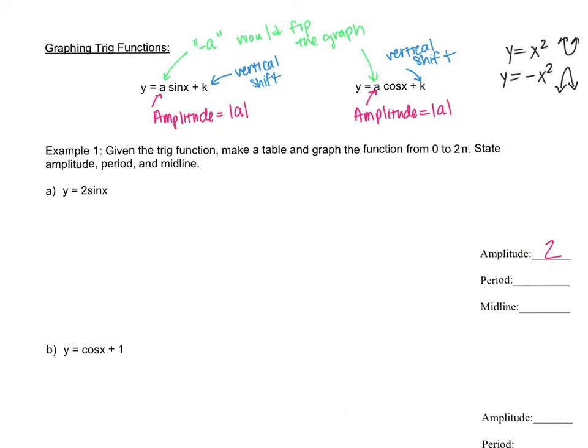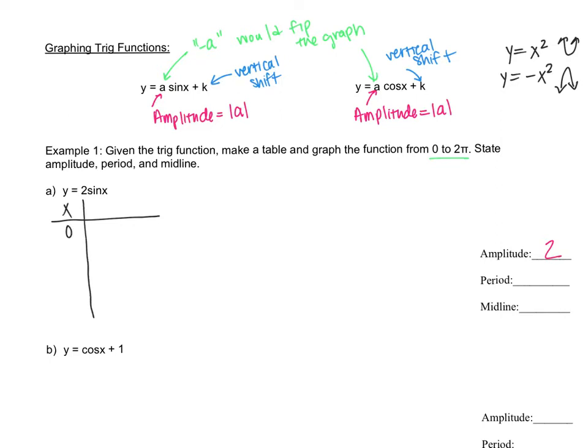because amplitude talks about the length. Now, the next thing I need to do is figure out what my graph looks like by making a table. And once you get really good at this, you might not need a table anymore to make a graph. Now, it wants the graph to be from 0 to 2 pi. And so if I were to draw this graph here, or make this table, let's make sure we include those x values.